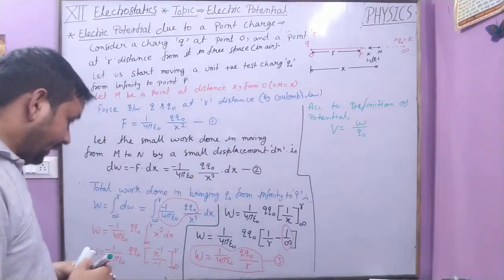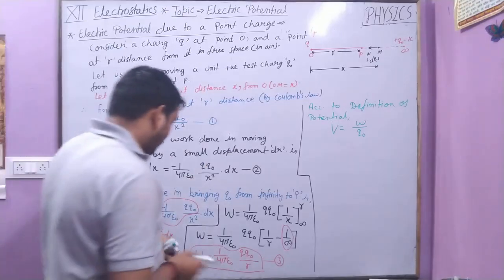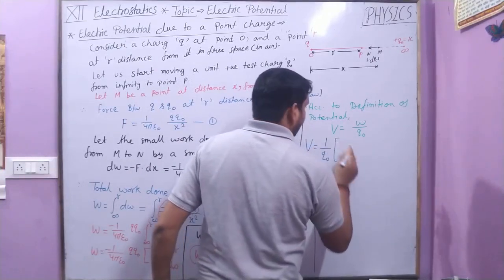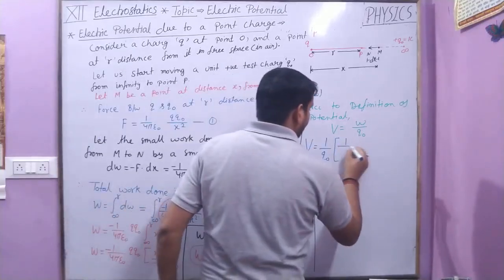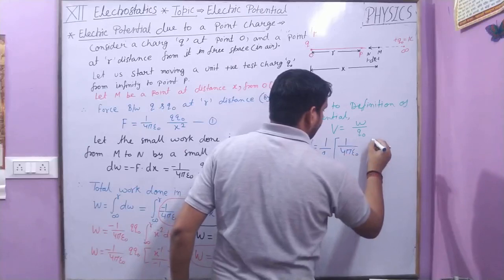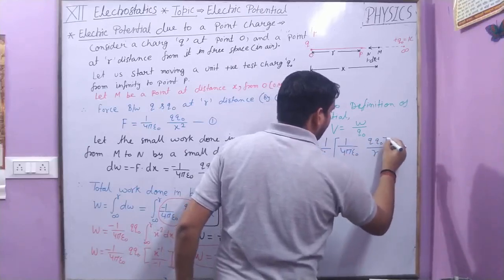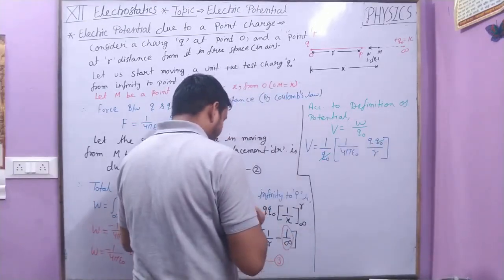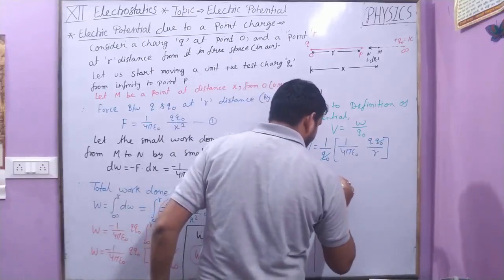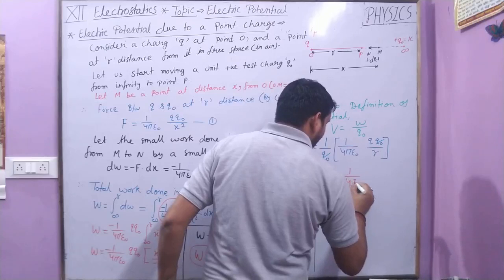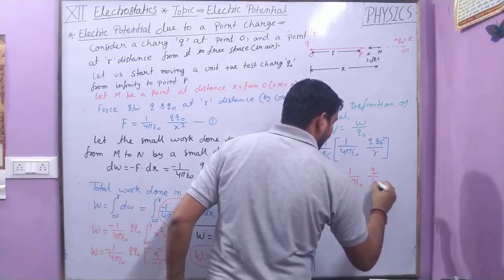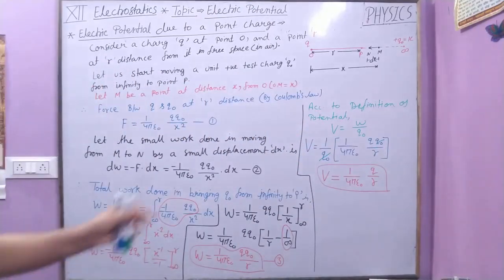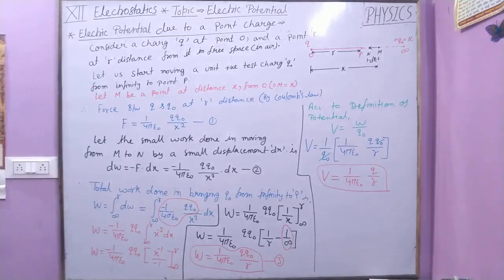Now by using this result, V is equal to 1 upon Q naught, and the value of W is 1 upon 4 pi epsilon naught Q Q naught upon R. Now this Q naught cancels this Q naught, and we get the final result for the potential at a point due to a point charge: 1 upon 4 pi epsilon naught Q upon R. This is the required expression for the electric potential due to a point charge.